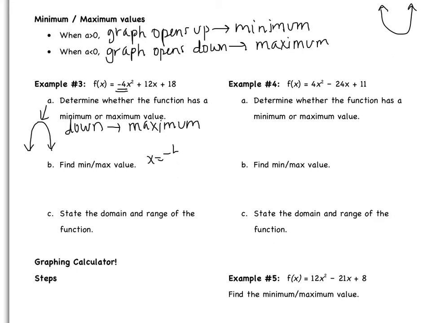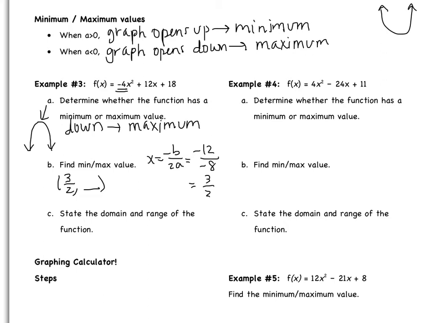So x is negative b over 2a, which in this case is negative 12 over negative 8, which simplifies to be, if I divide both by 4, 3 halves. So my minimum maximum value is going to be 3 halves comma some number. To find out what that number is, you need to go to your calculator.